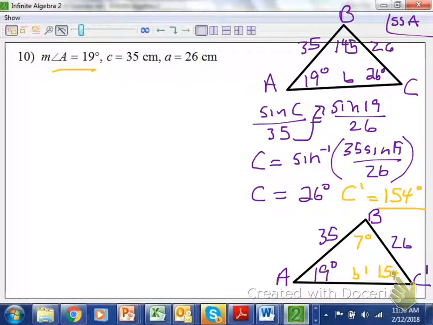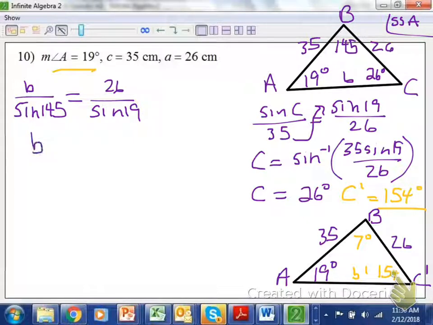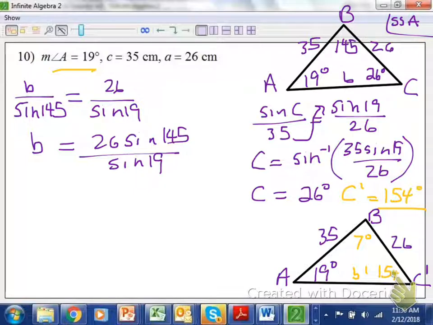Okay, to find little b up top, we do b over sine of 135 equals what we were given, 26 over sine of 19. Cross multiply, b equals 26 times the sine of 135 divided by the sine of 19, which gives us how much?